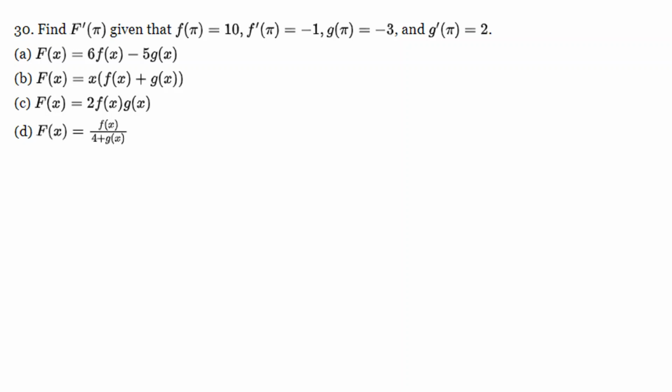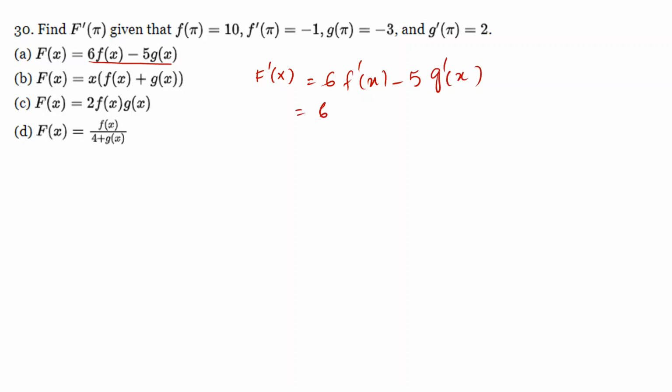Now it is the same question. That means you have to find all the values at prime. So you will have f prime of x. Just do this question. That means you will write the 6 as it is. Take the derivative of the first function, minus, write the 5 as it is. Take the derivative of the second function.